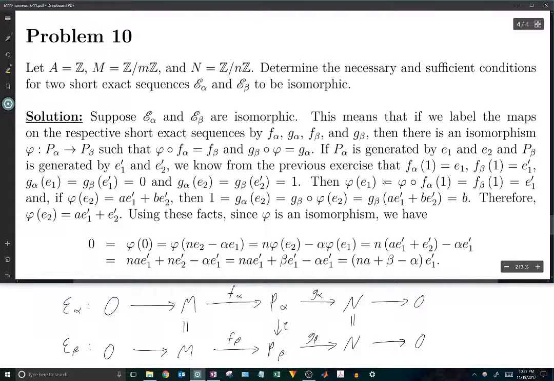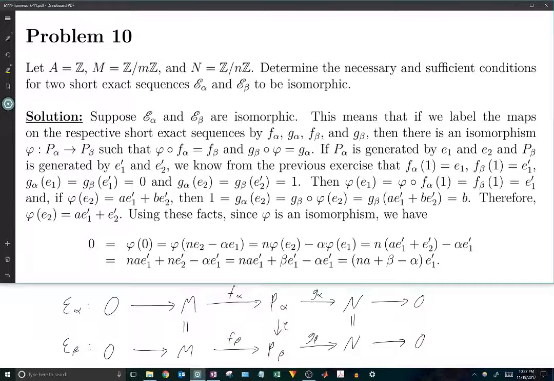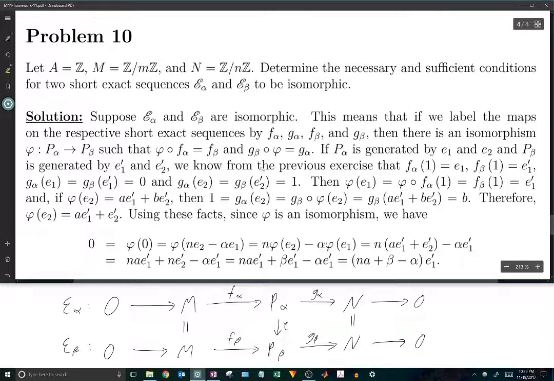And that's sufficient because M is generated by 1, and so, because of linearity, we've defined it on the whole set. Anyways, after that, G alpha of E1 and G beta of E1 prime are both going to get sent to 0. And G alpha of E2 and G beta of E2 prime are both going to be 1.